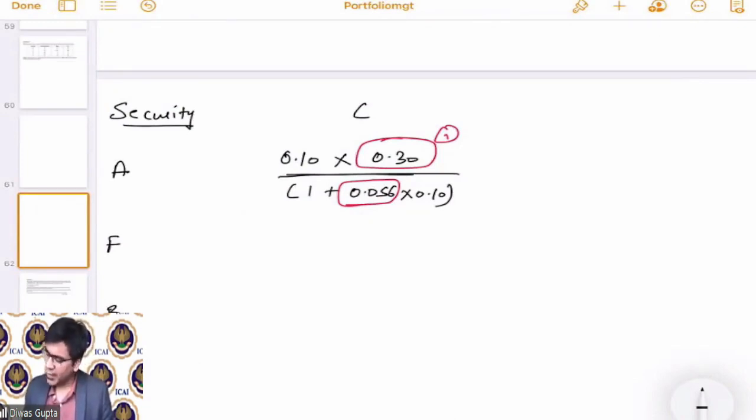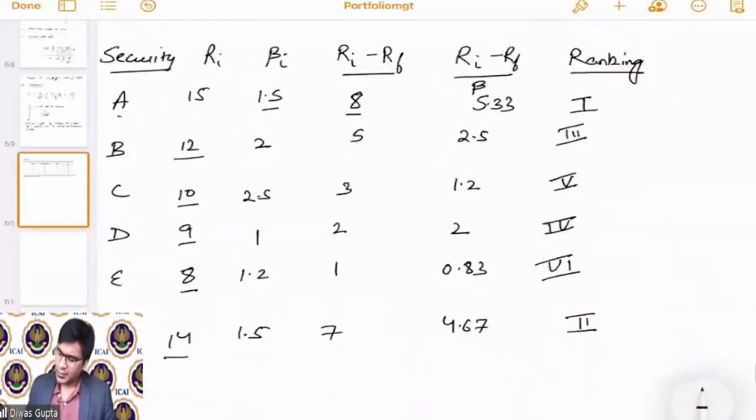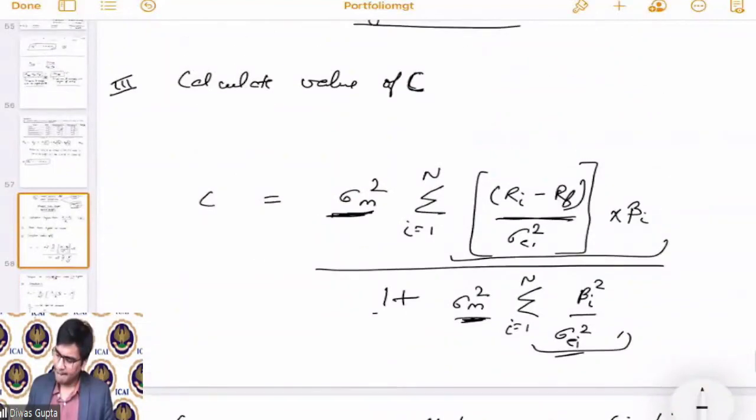Just a second. 0.056 is the denominator. So the beta square and the unsystematic risk, which is the residual variance, comes out to be 0.056.